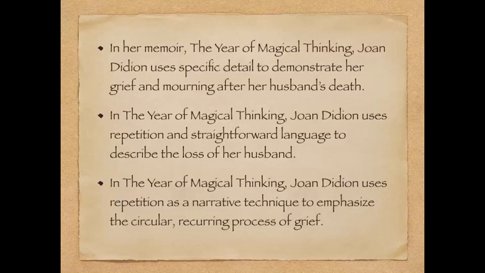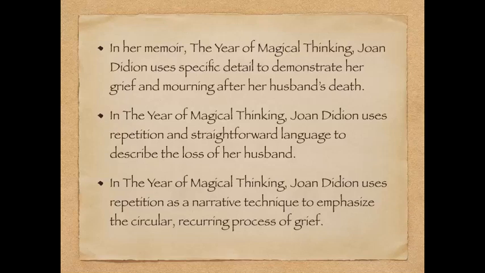And then the final example from this book: in The Year of Magical Thinking, Joan Didion uses repetition as a narrative technique to emphasize the circular, recurring process of grief. Got the book title, the author's name, the craft element, repetition, and this statement is the most sophisticated of the three.